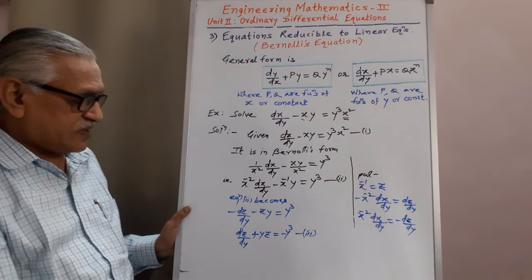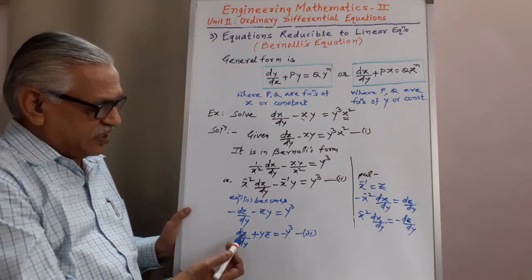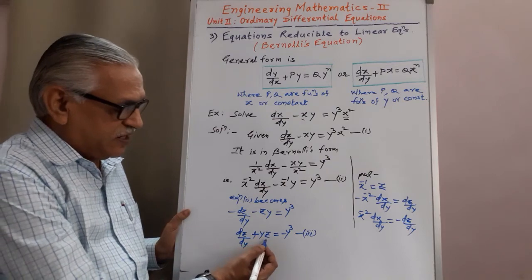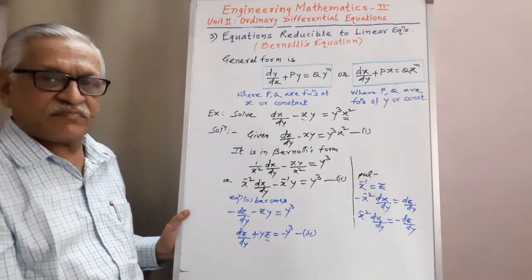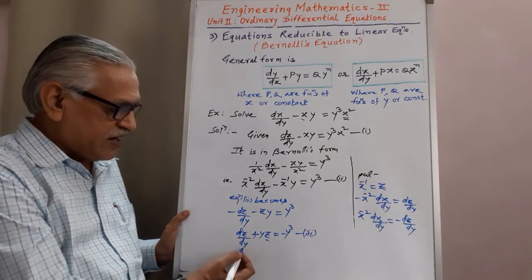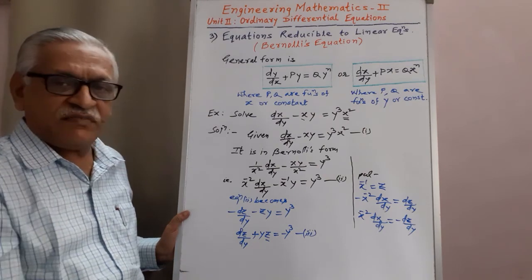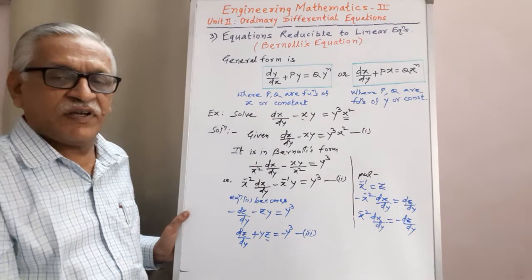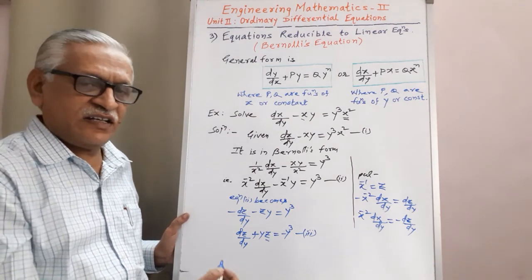In this new equation, z is the dependent variable, y is independent. The degree of this z is 1. Degree of dz by dy is also 1 and they are not multiplied together, which means it is linear in z.